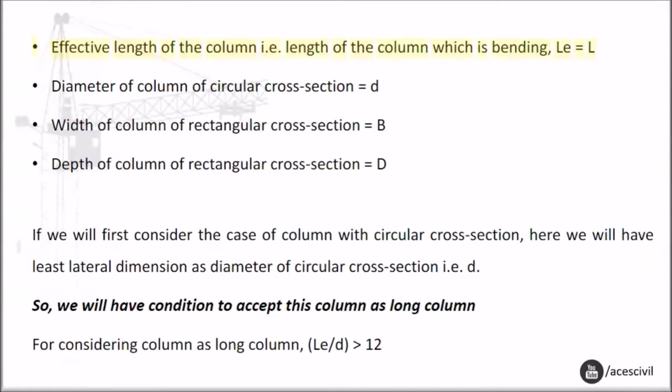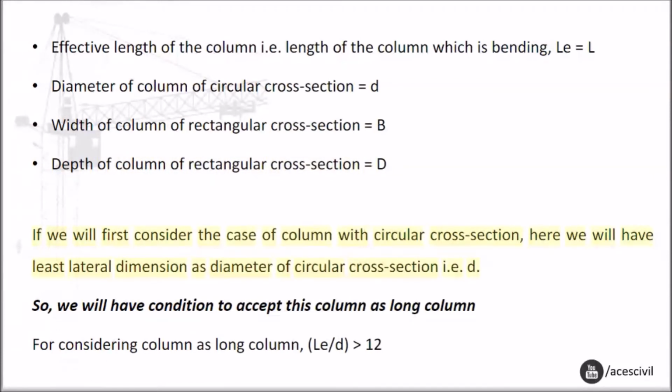Effective length of the column, i.e. length of the column which is bending, LE equals L. Diameter of column of circular cross-section equals D. Width of column of rectangular cross-section equals B. Depth of column of rectangular cross-section equals H.